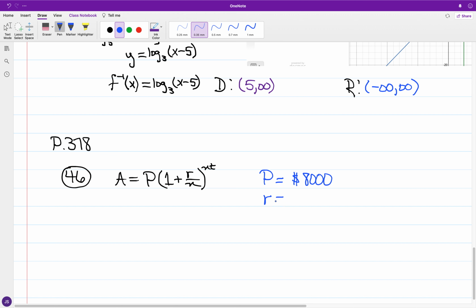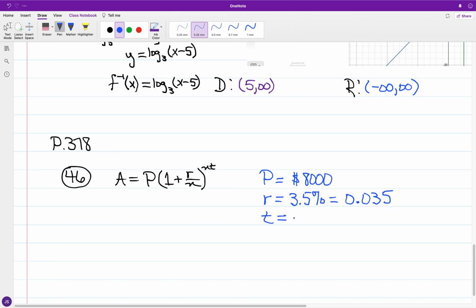Now for the rate of interest, that is 3.5%. Converting to a non-percent decimal, you drop the percent sign and divide 3.5 by 100, so you have 0.035.